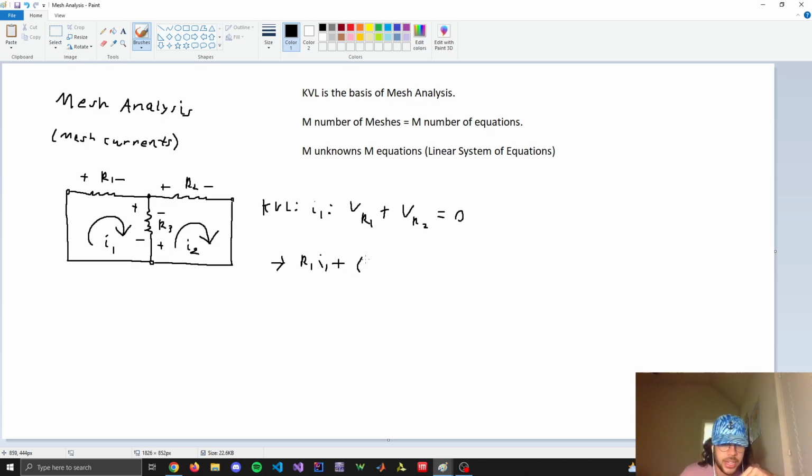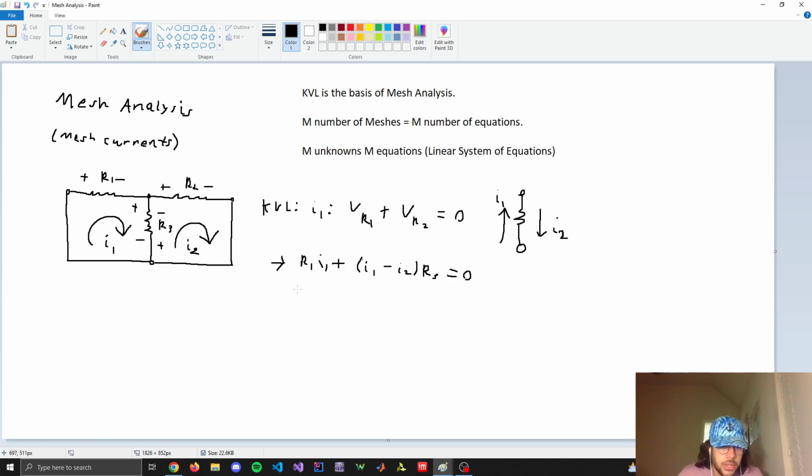So that's going to be I1, which is the mesh I'm working with, minus I2, which is a current I need to subtract because it's neighboring. You have this branch, and then I1 going this way, and I2 going this way. So if I want I1, I need to take I1 and subtract I2, and this is going to be multiplied by the resistance, equals 0.